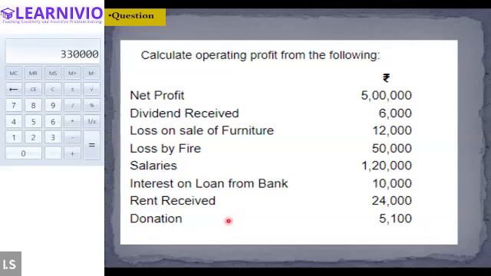Alexander, you are here for your economics class as well? Alexander, are you there?